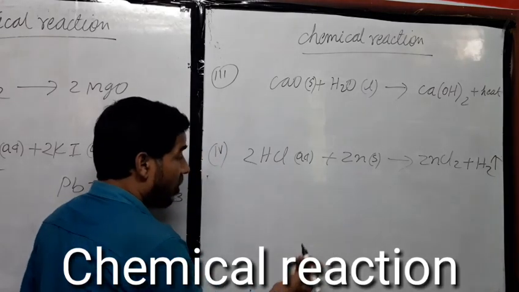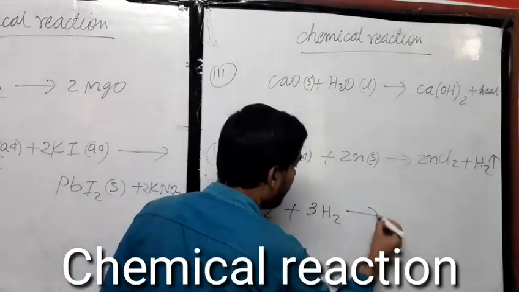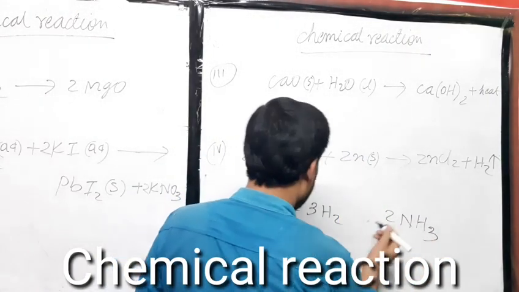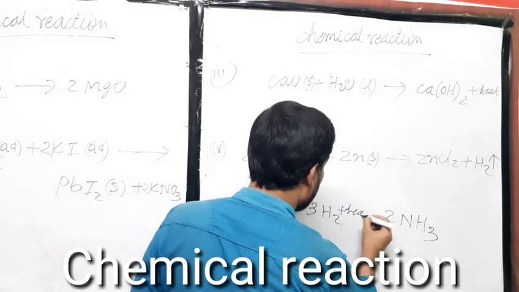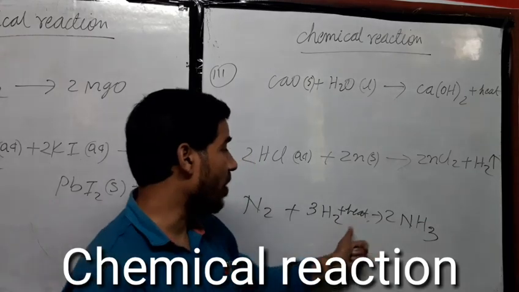For example, the formation of ammonia: N2 plus 3H2 gives 2NH3. It is an example of an endothermic reaction because here heat is written on the left hand side of the arrow.